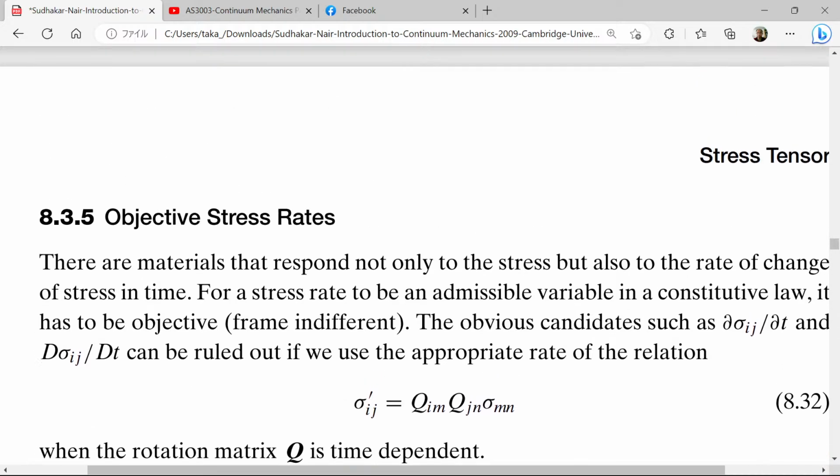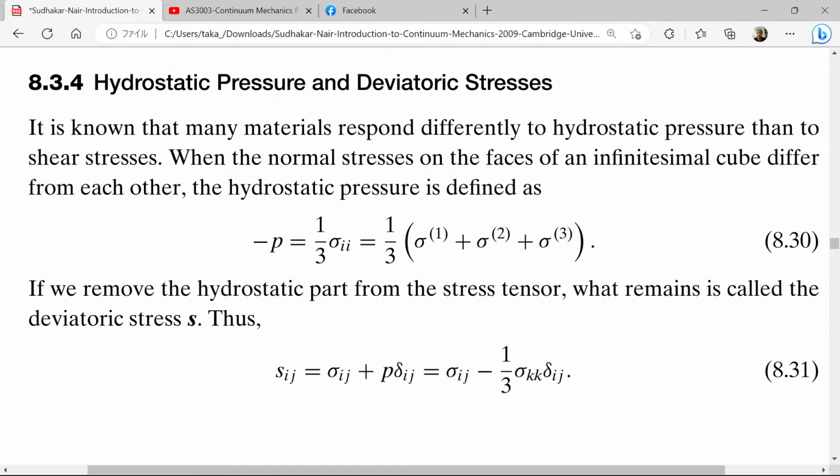There are material. See, this explanation is too simple, I think, here.